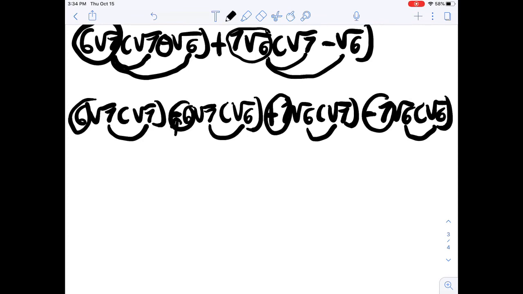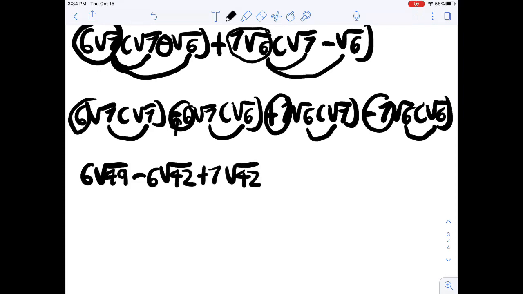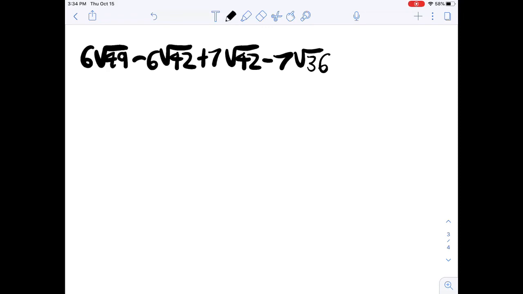So you get 6 times the square root of 49 minus 6 times the square root of 42 plus 7 times the square root of 42 minus 7 times the square root of 36. And 49 is a perfect square, so this just simplifies to 6 times 7.